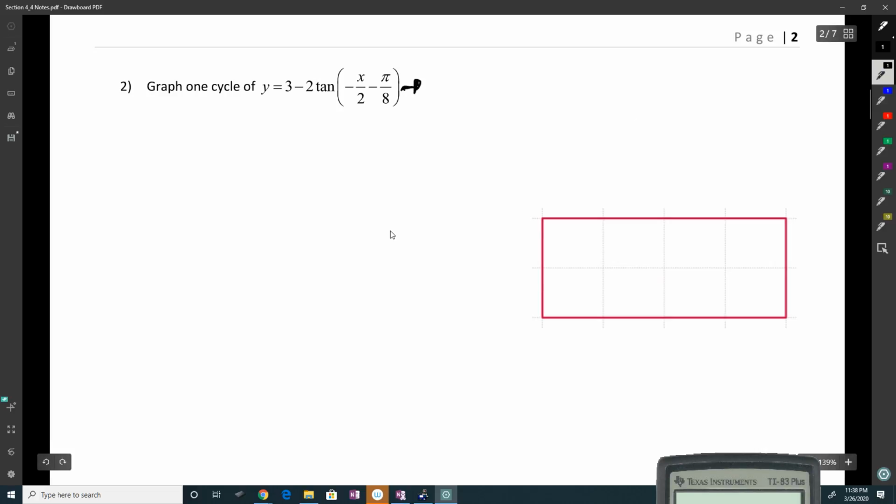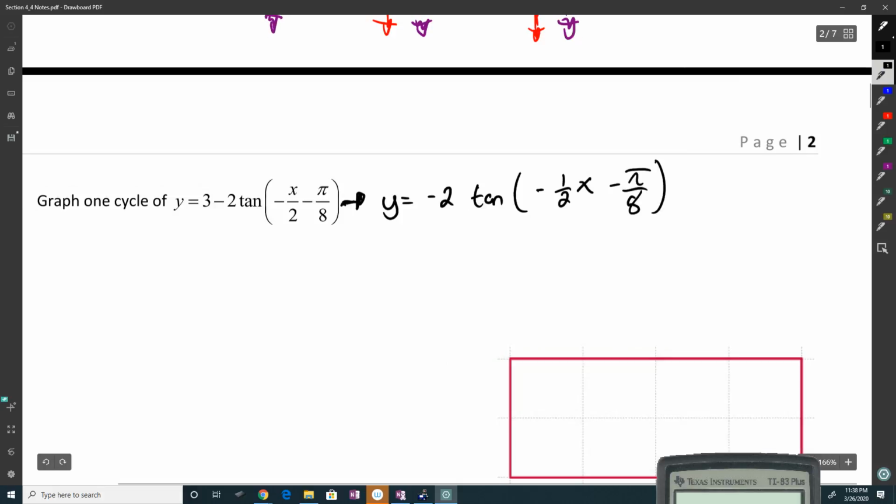So we would have negative y is equal to negative 2 tangent negative, instead of x over 2, I'm going to say 1/2 x. Make this smaller so I can have room.